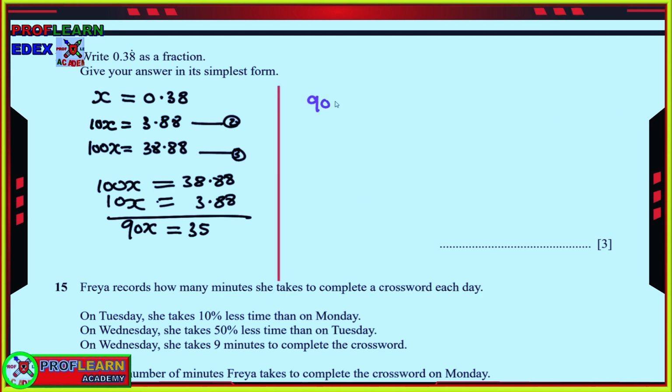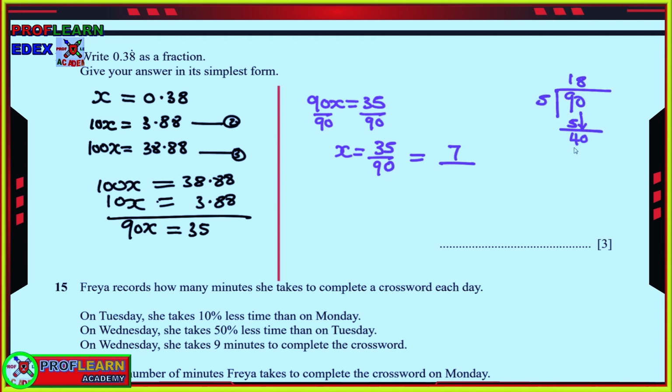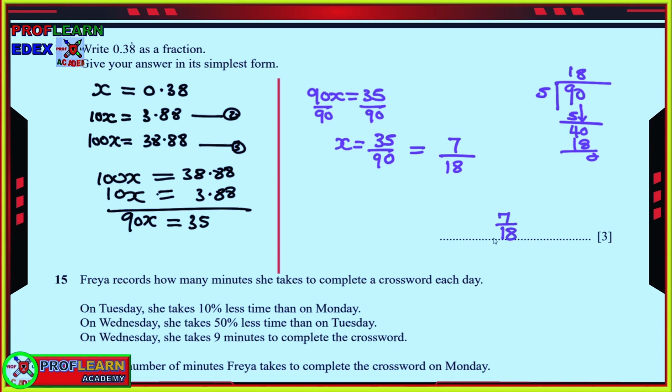Then x is going to be 35 over 90, and if you simplify it, you are going to get your answer as 7 over 18.